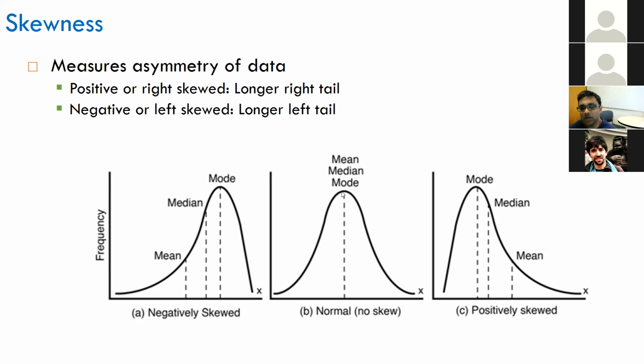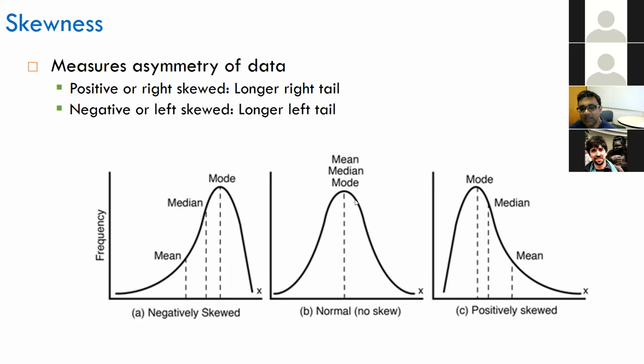If your data is normally distributed, with a bell shape, your mean and median are equal. But if your data is negatively or left skewed, or right skewed, your mean changes. That basically happens because of the outliers.